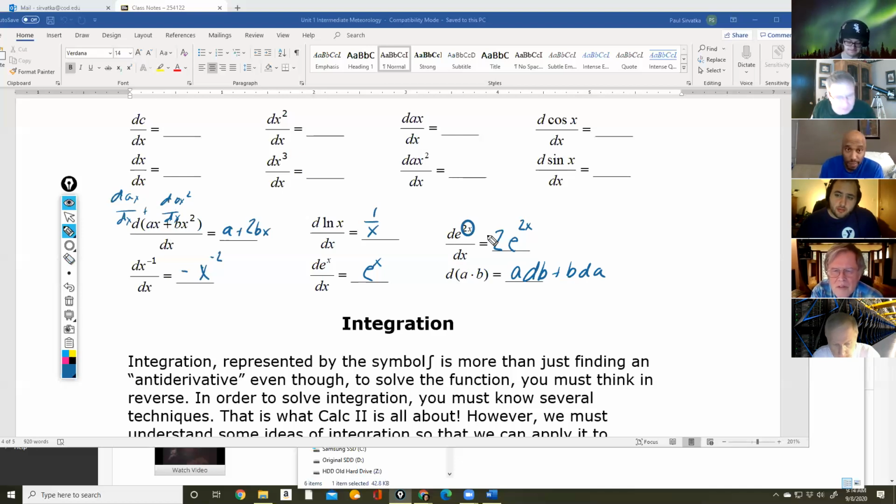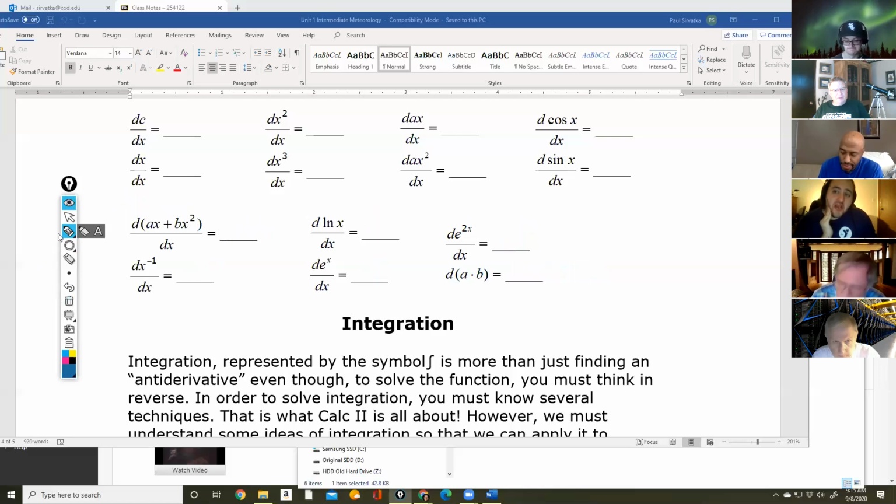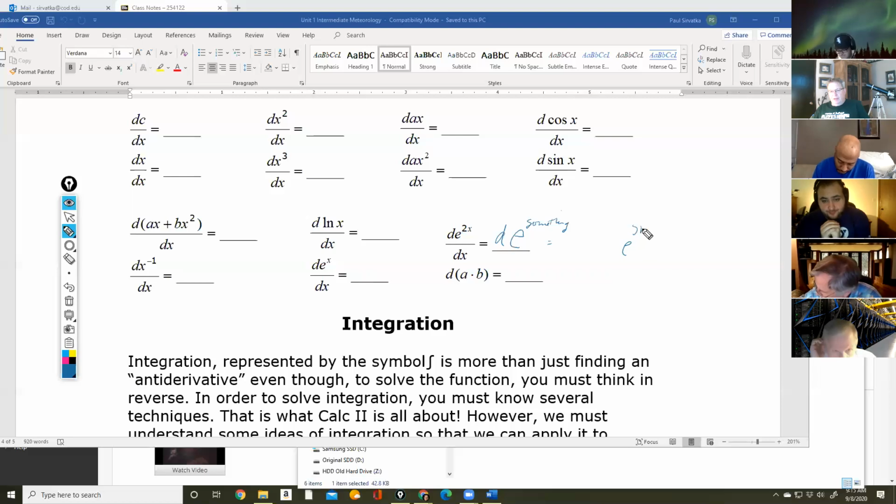Could you go over the derivative of e to the 2x again? Okay, so let's go to this. Again, what I need you to think of is anytime I have the derivative of e to something, it is always e to something times the derivative of something.